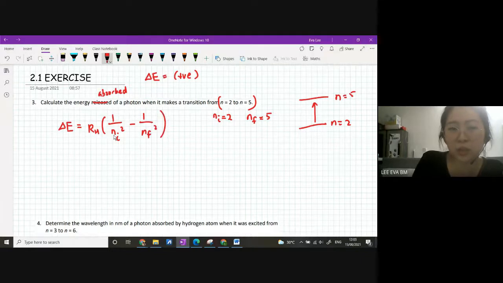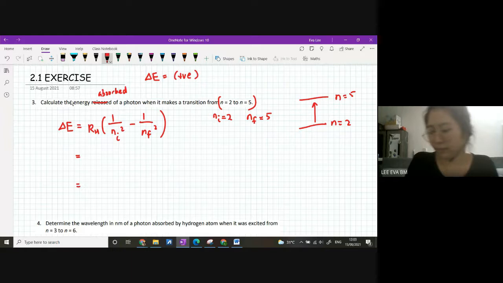If you want to use 1 or 2, up to you, that's fine also. Initial represent 1, final represent 2. So apply awak punya calculation. So we're still using the Rydberg constant in unit joule, 2.18 times 10 to the power of negative 18.